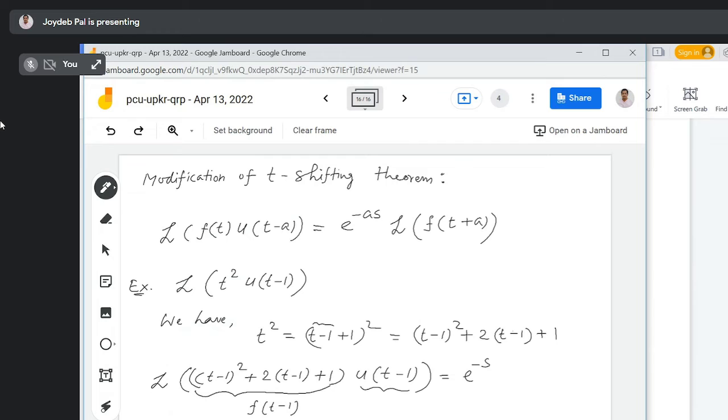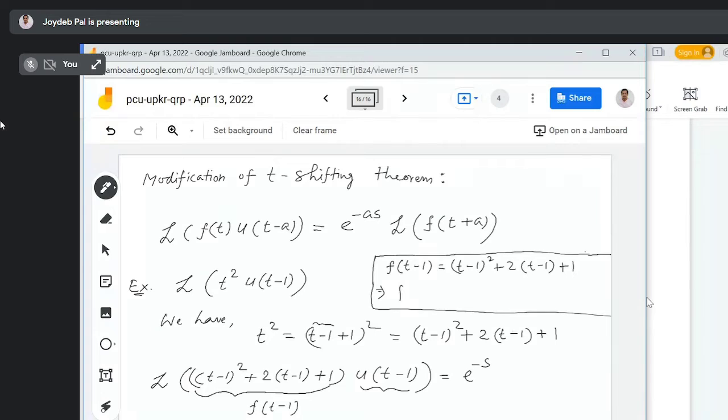Here I am writing, look, f(t minus 1) is our (t minus 1) whole square plus 2(t minus 1) plus 1. Then what is f(t)?